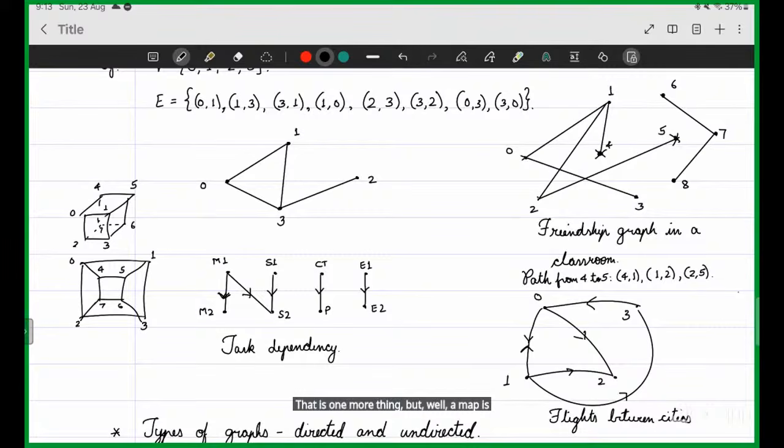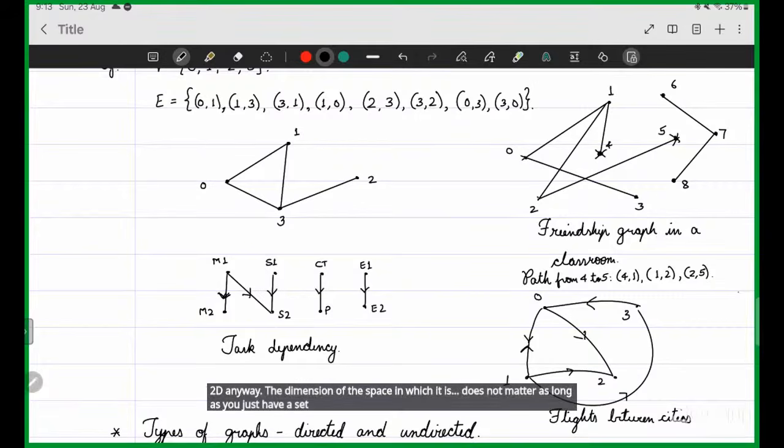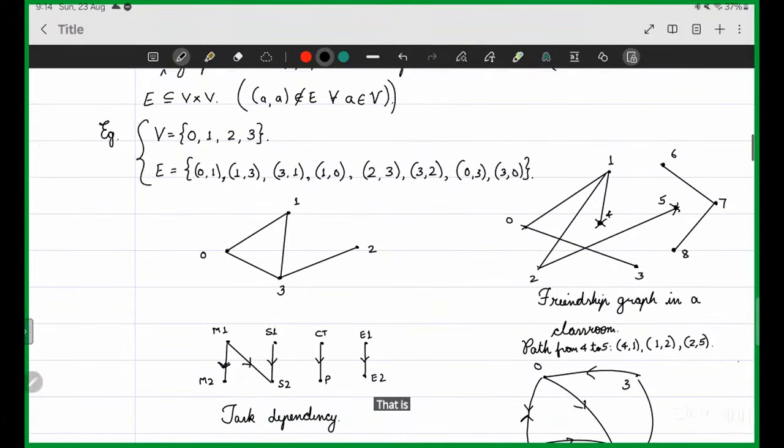A map is 2D anyway. The dimension of the space does not matter. As long as you have a finite set of points and a way to determine what vertex is related to what vertex, that is all that is mathematically relevant. What is V? What is E? That's all.